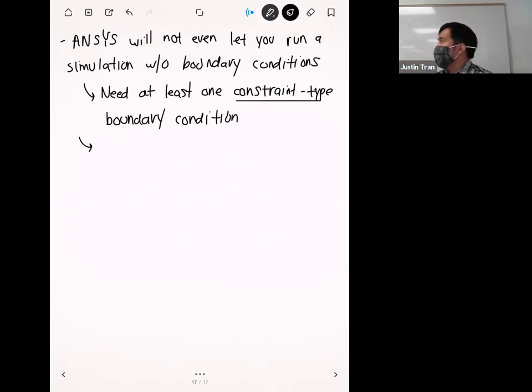And most of the time, or I would say often, you also need one load type boundary condition.